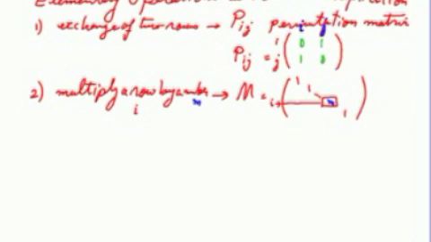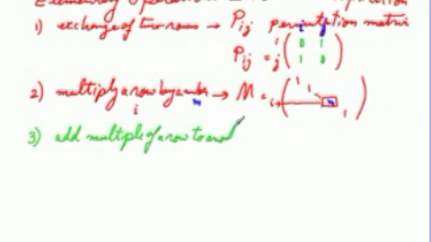Now for a more interesting one, item 3 is add a multiple of a row to another row. So let's call this multiple m, the original row i, and the row that is going to be changed, row j.